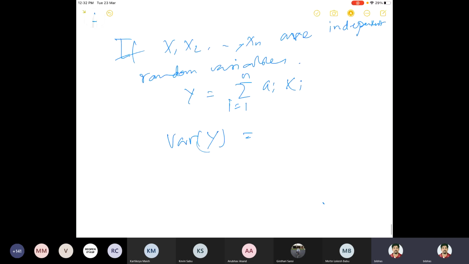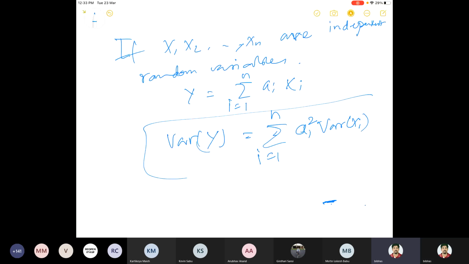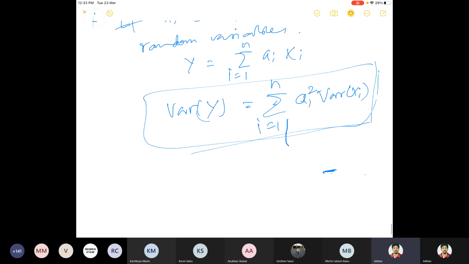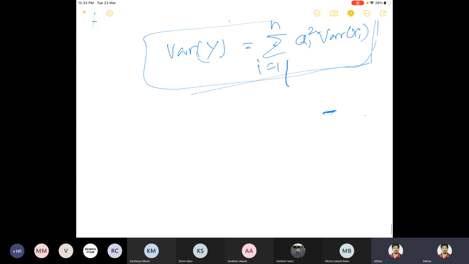So then we just have the sum over all ai square times the variance of xi, for i equal to 1 to n. So this is the formula when the xi are independent.